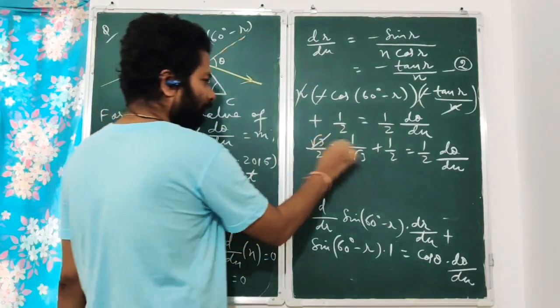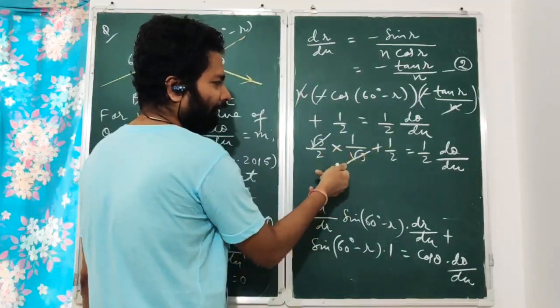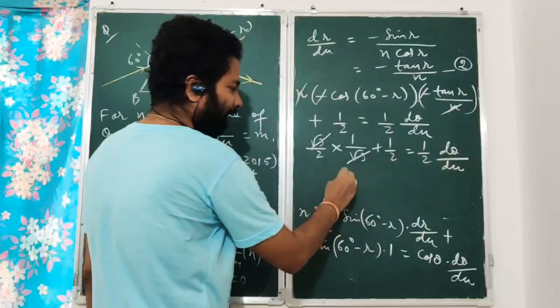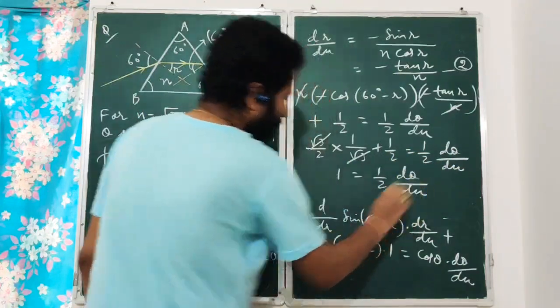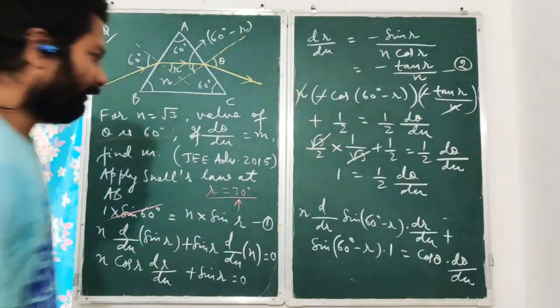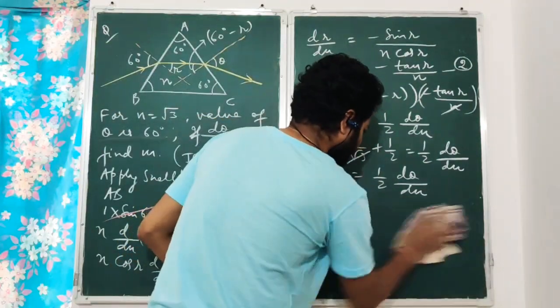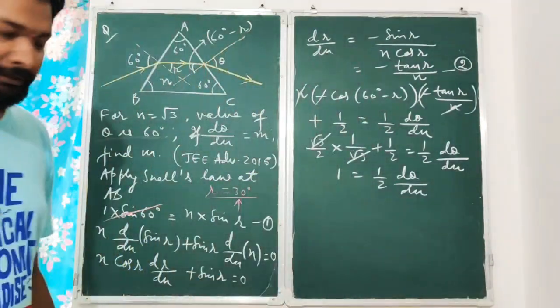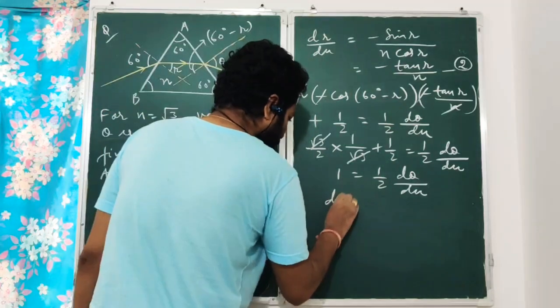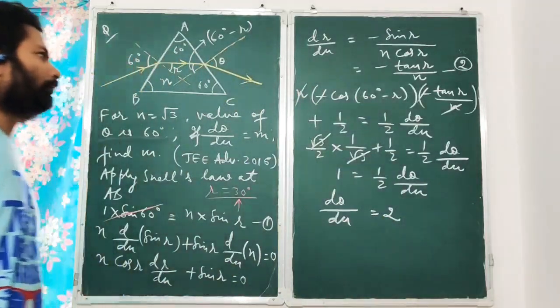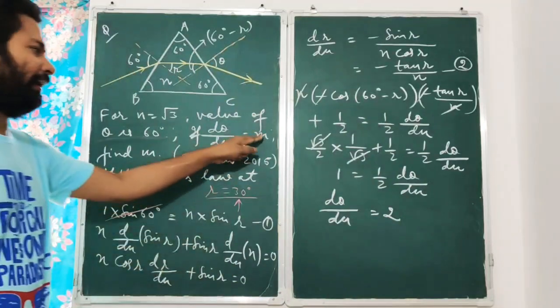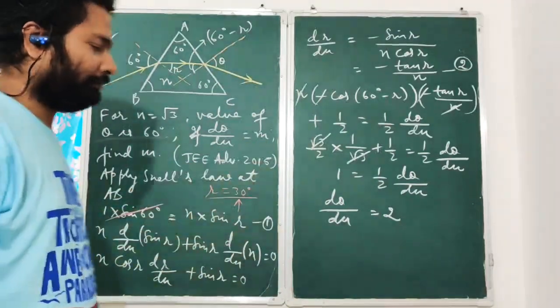Now root 3 gets cancelled. Half plus half is 1. And on the right hand side you have half d theta by dn. So we have got the value of d theta by dn, and that will be equal to 2. So 2 will be the answer for this question.